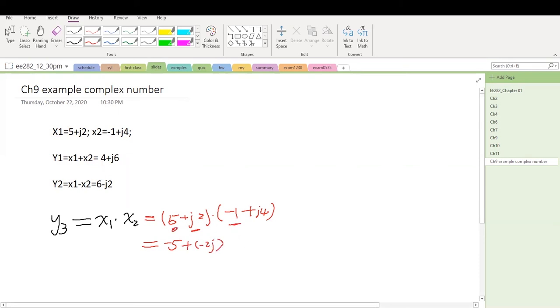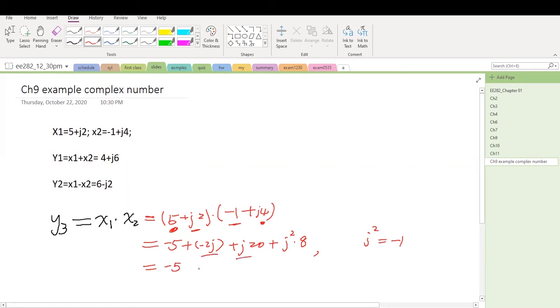And then this 5 multiplied by j4, that equals j20. And this plus j squared multiplied by 8. And we know j squared equals minus 1.